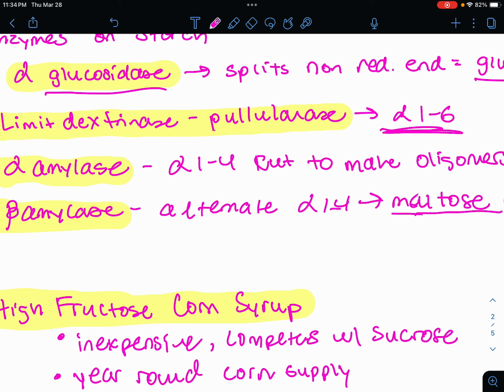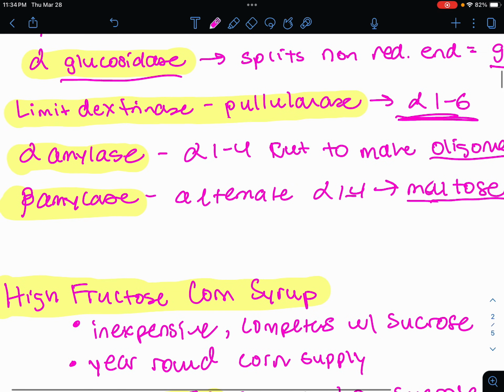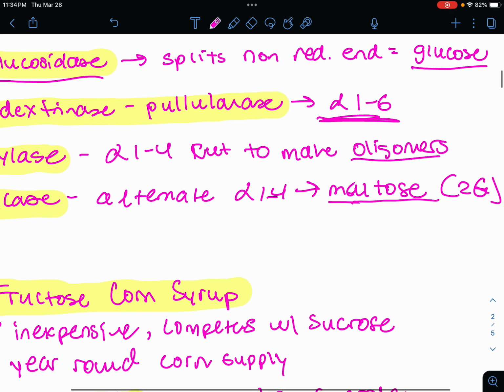Next enzyme is the alpha amylase. So this is the amylase itself, a type of amylase. This will break the alpha 1,4, and you're going to cut these alpha 1,4 bonds to make these oligomers. However, on the beta amylase, this is different. You're going to cut the alternating alpha 1,4 bonds.